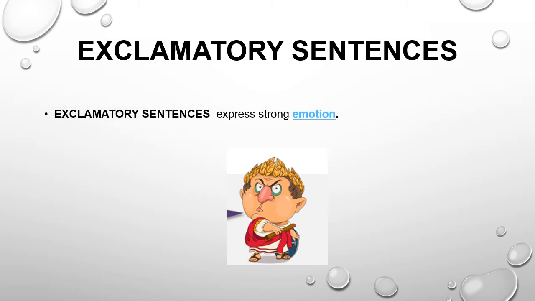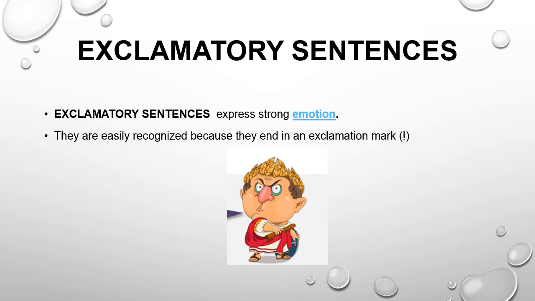If you see somebody, exclamatory sentences express strong emotion. Like if you get hurt, you say ouch. If you see somebody coming up dressed in very good clothes, you say wow, you're looking beautiful, right? So exclamatory sentences just express strong emotion and they are easily recognized because they end in an exclamation mark.